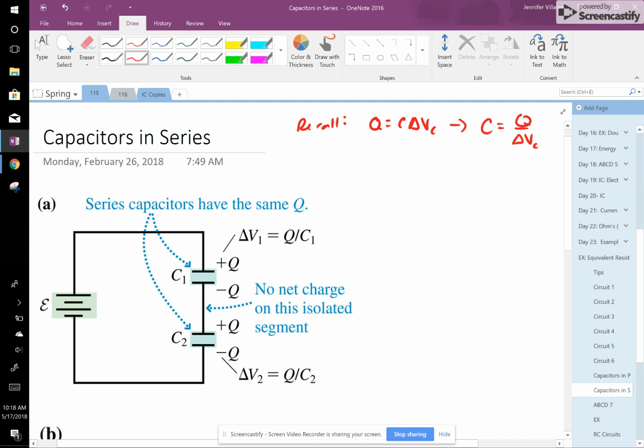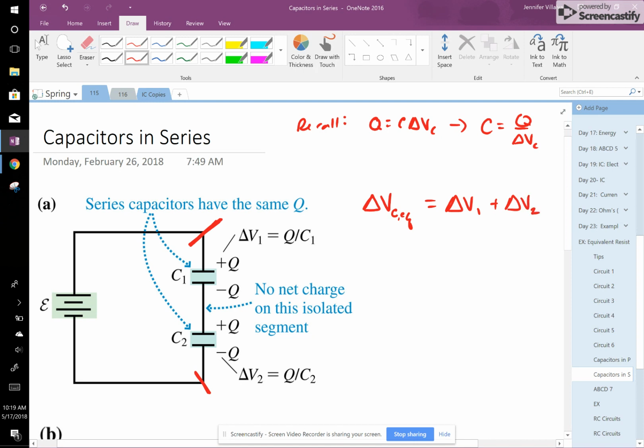Now this works a little bit differently, because keep in mind that if we are considering the voltage drop across both the capacitors, those have to sum together to be the voltage drop across the battery. And so you have a slightly different starting setup. You can make the statement that the voltage drop across the equivalent capacitance, if you're trying to make an equivalent circuit, would have to be the sum of the voltage drop across the first capacitor and the voltage drop across the second capacitor.